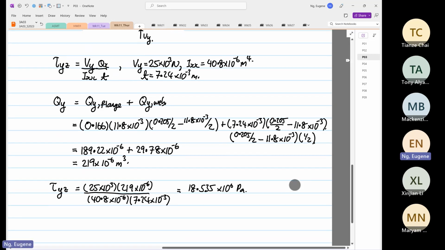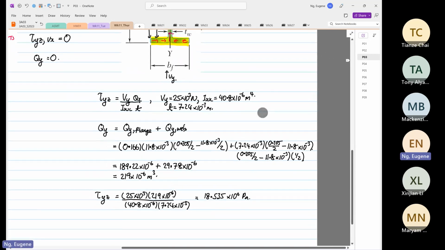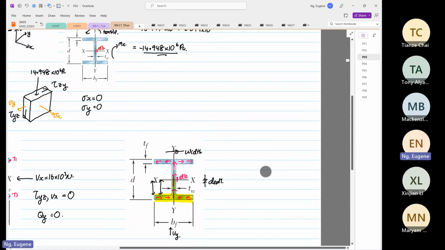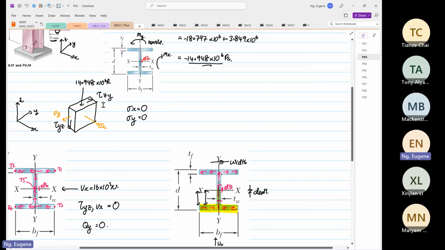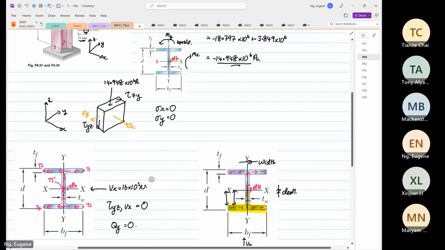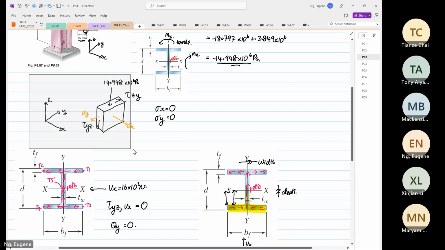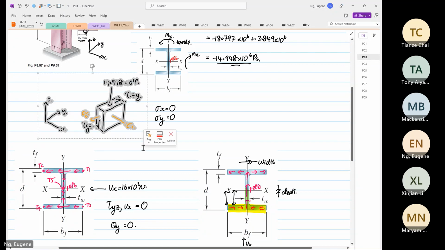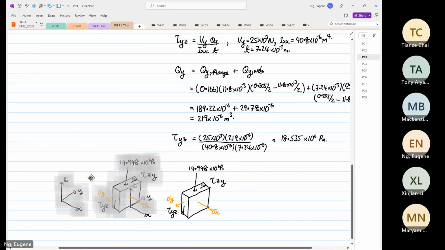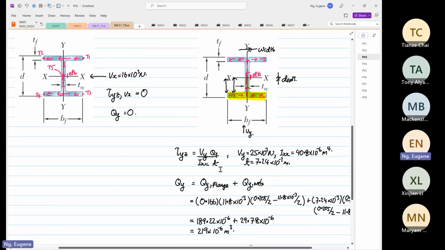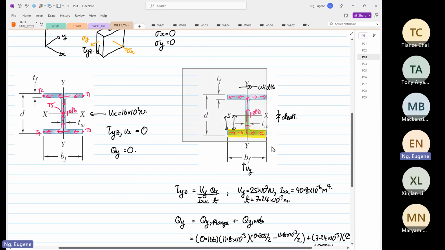Yep. So what it means is, if I were to take out this diagram over here, and I will also copy the shear flow.